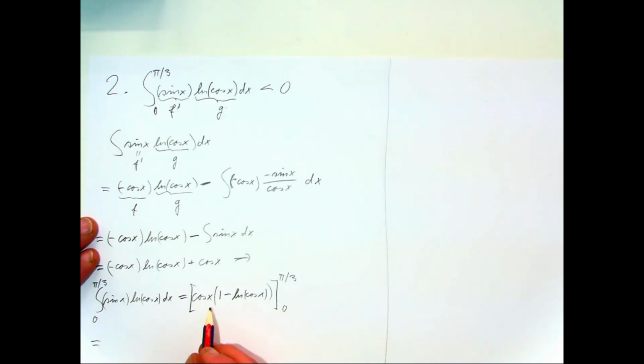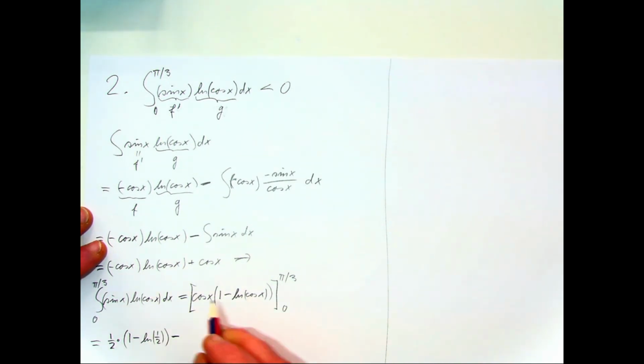Now, what is that? Well, cos of pi over 3, that is cos of 60 degrees. If you imagine the graph, cos of 60 degrees is, of course, a half. Put in that a half, and here times 1 minus ln of a half.